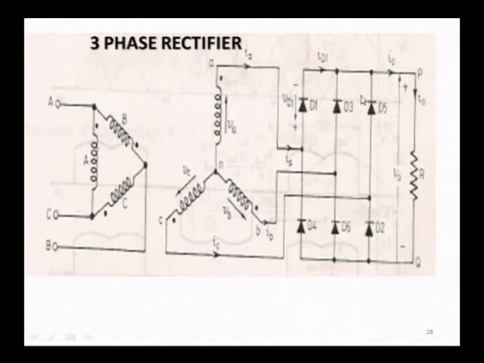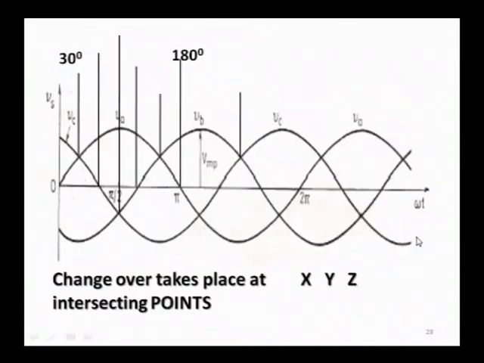This common cathode, common anode, once again it holds good here, and now you are connecting a resistive load across the output. Okay. So rectifier fine, the changeover takes place at points x, y, z, the intersecting points. So these are the intersecting points, remember. This is at 30 degree, at every 30 degree you have intersection.